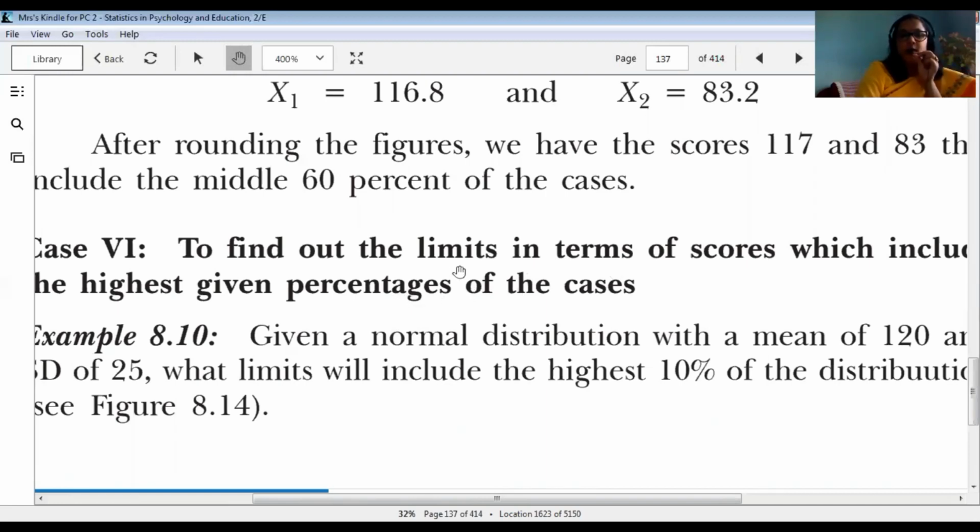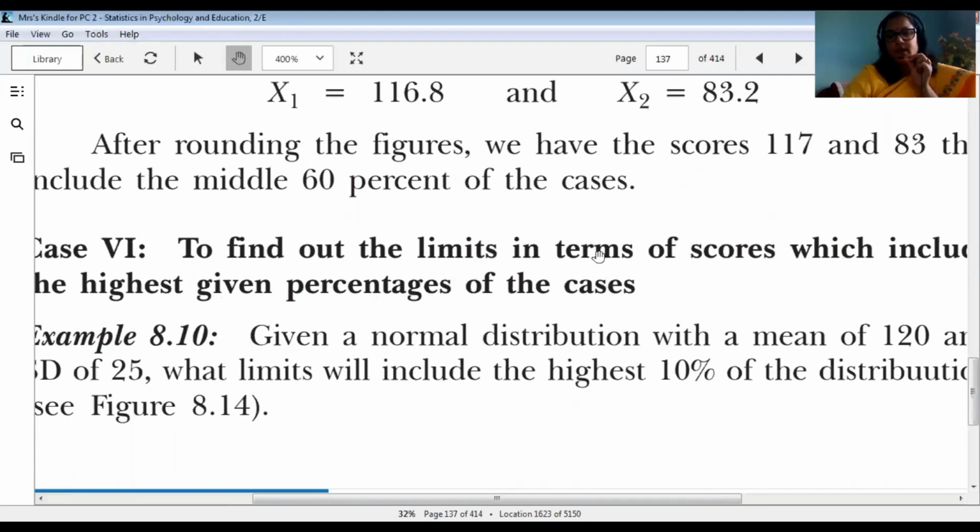Okay, here you need to find limits. The limits may be the upper limit as well as the lower limit in terms of scores, which actually cut off the highest percentage of cases of a particular group.